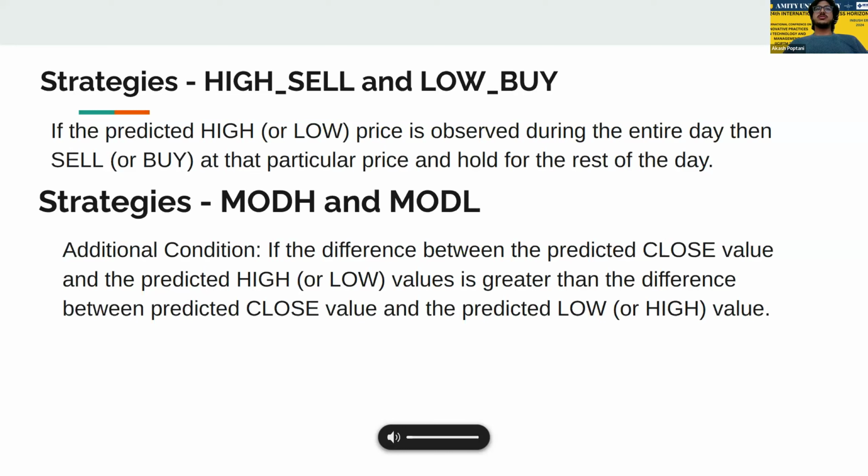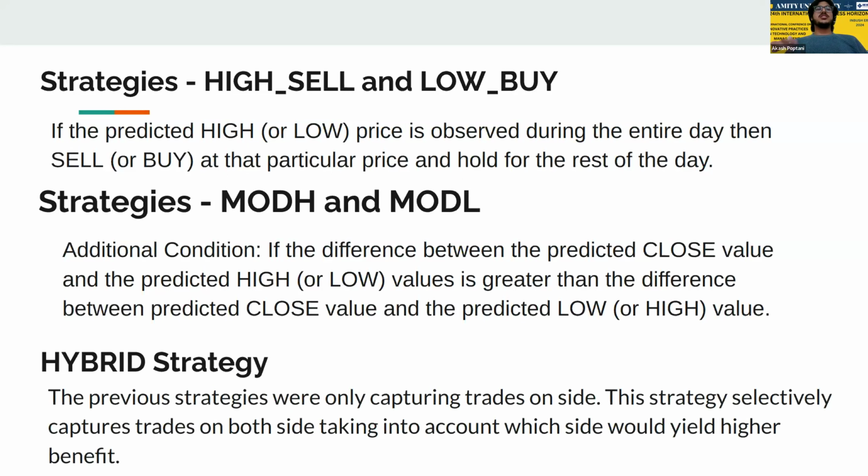And all of these four strategies are only focused on one-sided trades, either the high side or the low side. So we come up with a hybrid strategy, which takes into account both the sides, and is not as selective as either of the two.